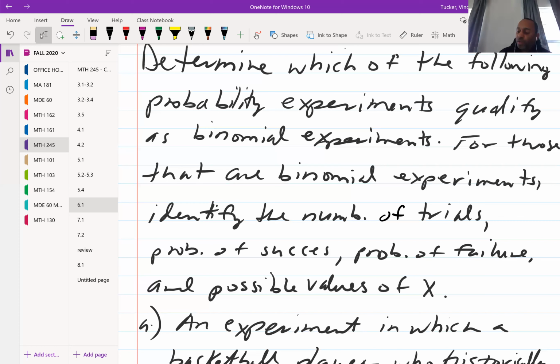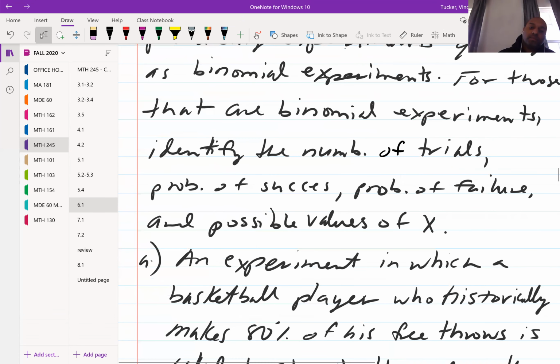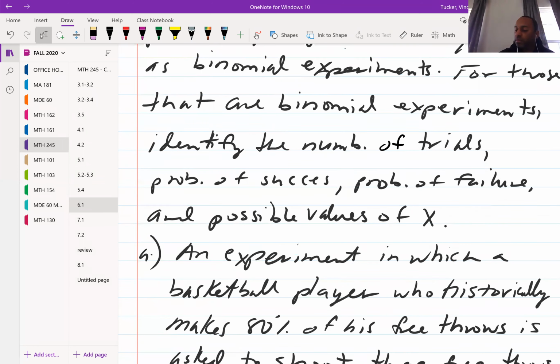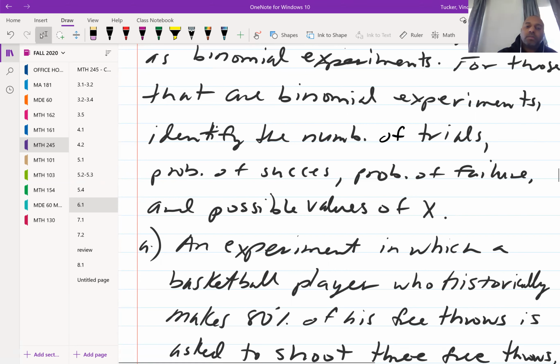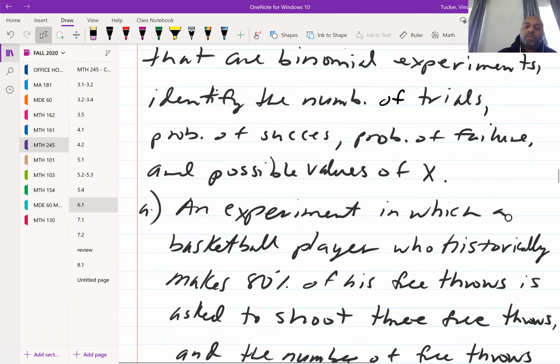So remember, in order for it to be a binomial experiment, it has to fit those 4 criteria. All right. If I scroll up too high, let me know.